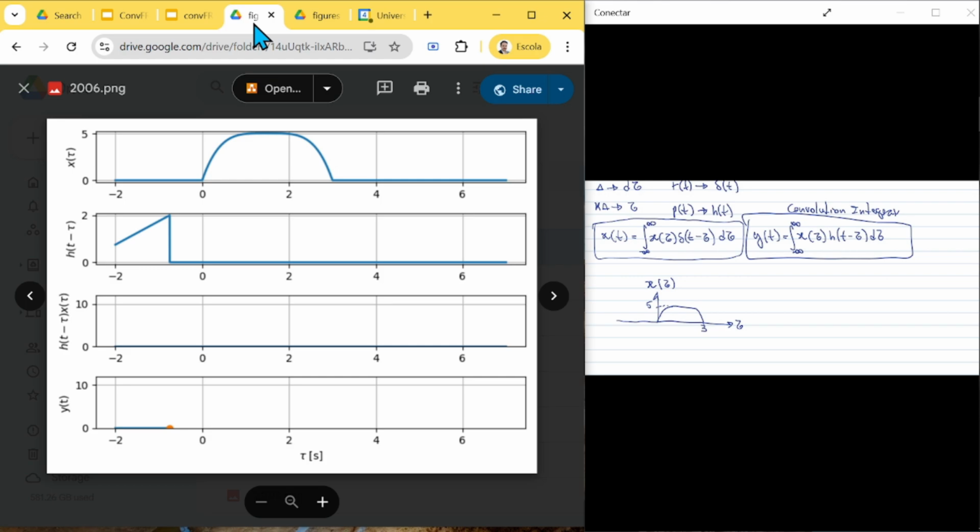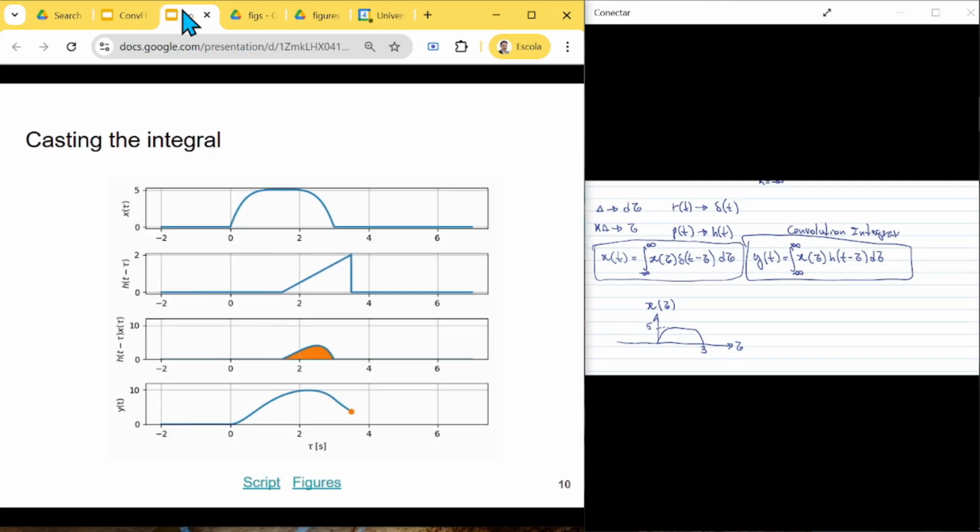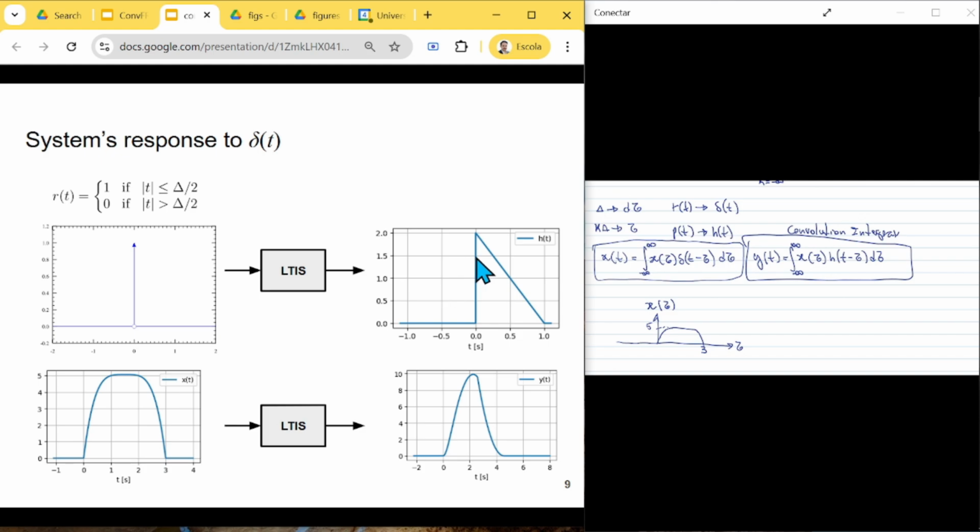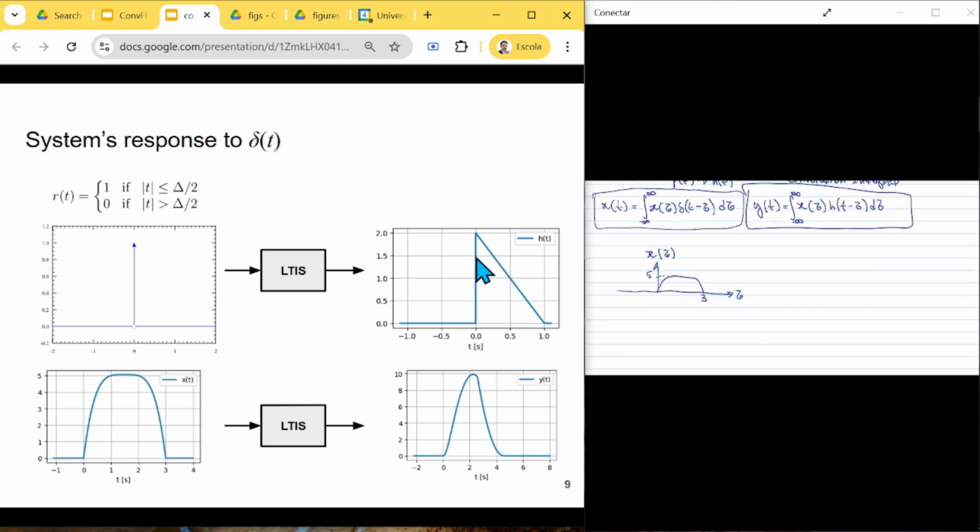So what is h of t minus tau? I will take h, so here, this is h of t, so h of tau would have the same shape. The h of minus tau is mirrored in time. It goes from 0 to minus 1 instead of 1, and maximum amplitude 2.